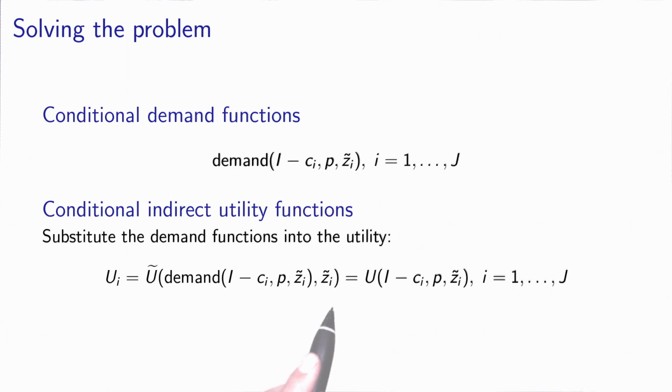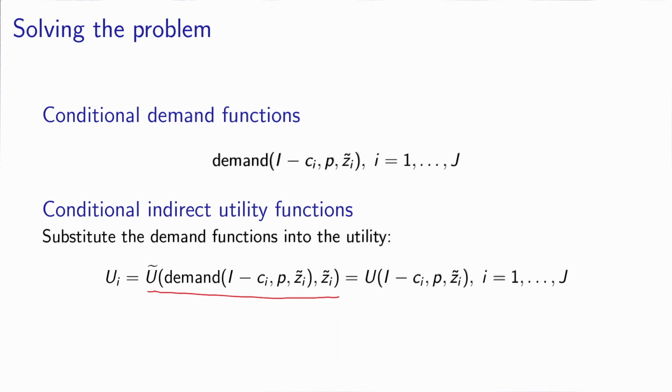So these are called the conditional indirect utility functions. Conditional because it's conditional on the fact that alternative I has been chosen, and indirect because they don't depend directly on the quantities, but they depend on the optimal quantities derived from the demand function.